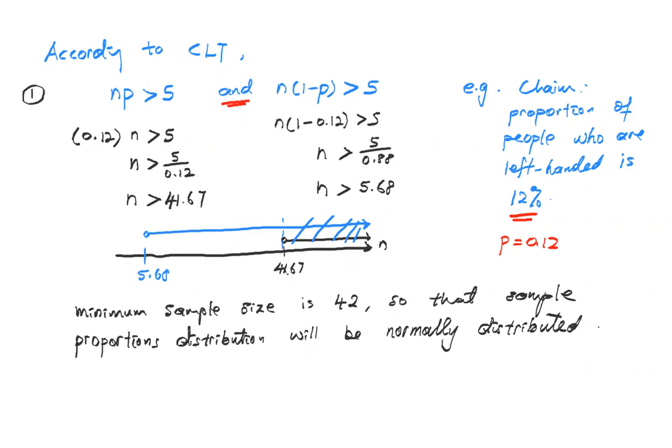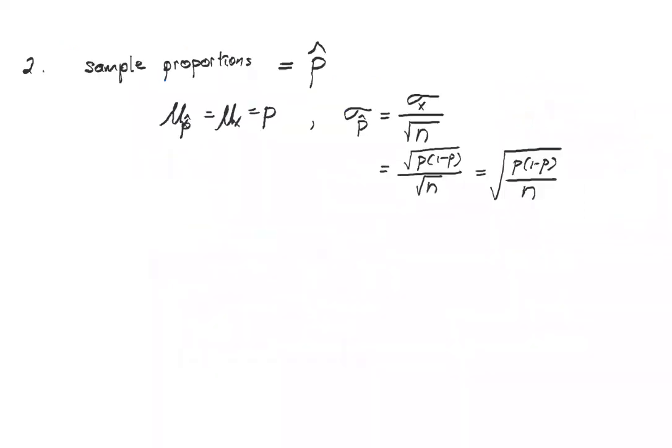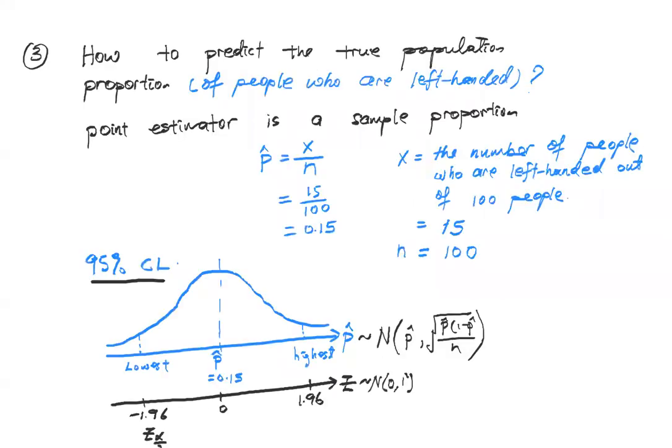Then after that, we talk about how the sample proportion distribution looks like. It's normally distributed. We state down the mean and the standard deviation. After this, we show the one who reads the report how we derive the formula, with this and with this.